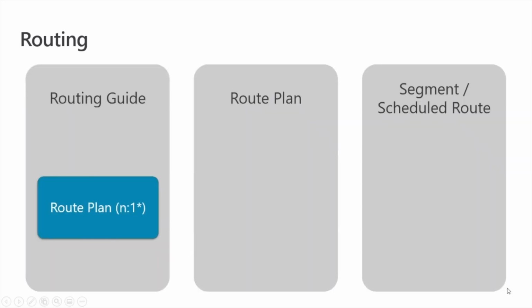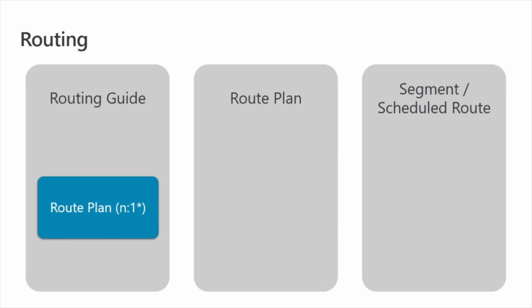So let's talk about the similar concept and relationships for routing. So with routing, a few less levels to our pyramid here, but we are still going to start here on the far left with our routing guide. That's the first form that is evaluated. And the routing guide has a many-to-one potentially relationship with our routing plan.